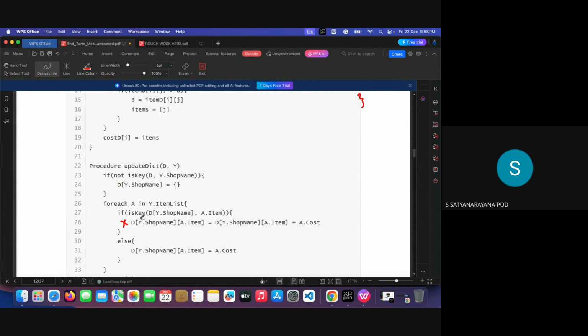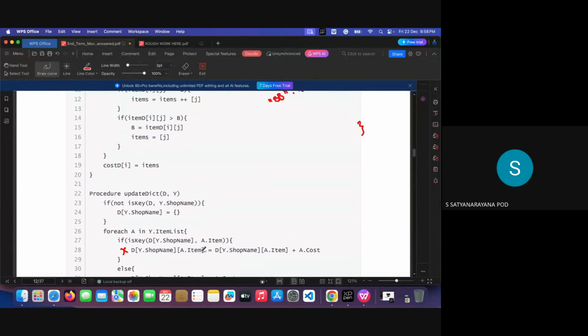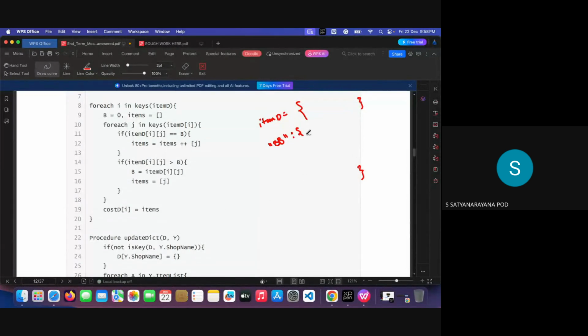Then simply the shop with item and cost is updated. So Big Bazaar is updated with an item like food, and its cost is updated. Its cost might be 56. Fine.